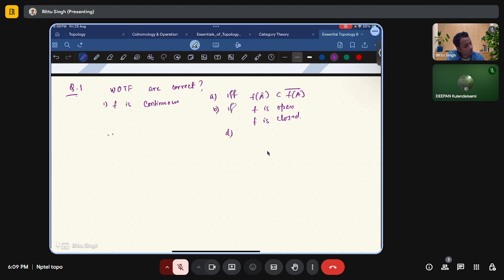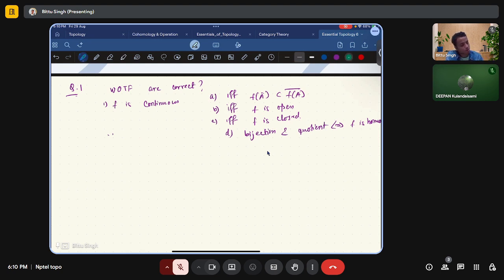It says if f is continuous, given, then bijection and open if and only if f is a homeomorphism.